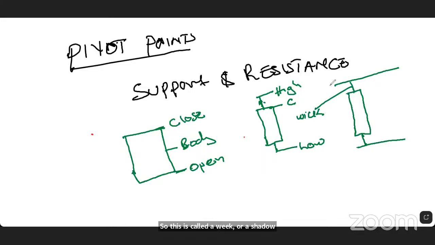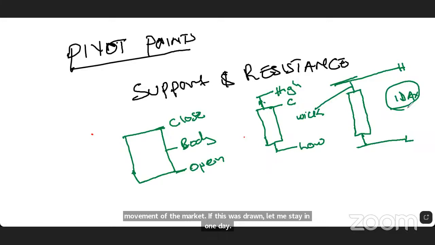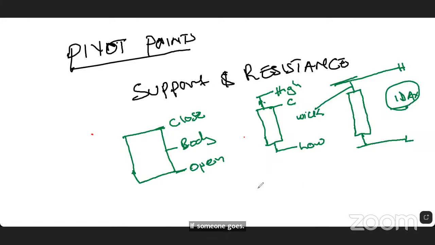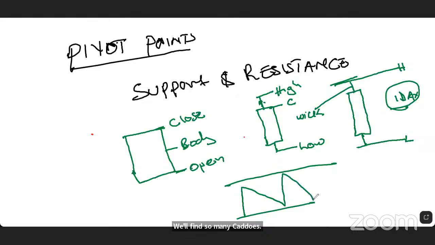Now, if this was drawn in one day, and someone goes back to, let me say, a 4-hour time frame, we'll find so many candles that have formed a movement have been able to move in between these lines.